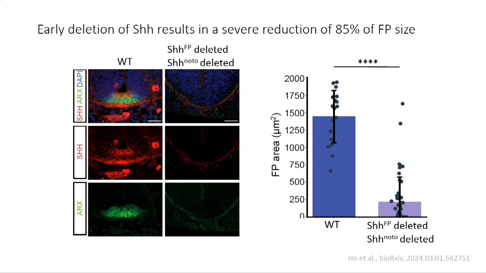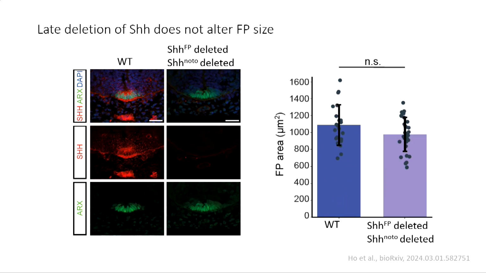That also shows that this initial Sonic Hedgehog is important in the system. And finally, if you do this kind of deletion later on, say E8.5, again, you don't have Sonic Hedgehog in the notochord, you don't have it in the floor plate, but the floor plate is still fine.